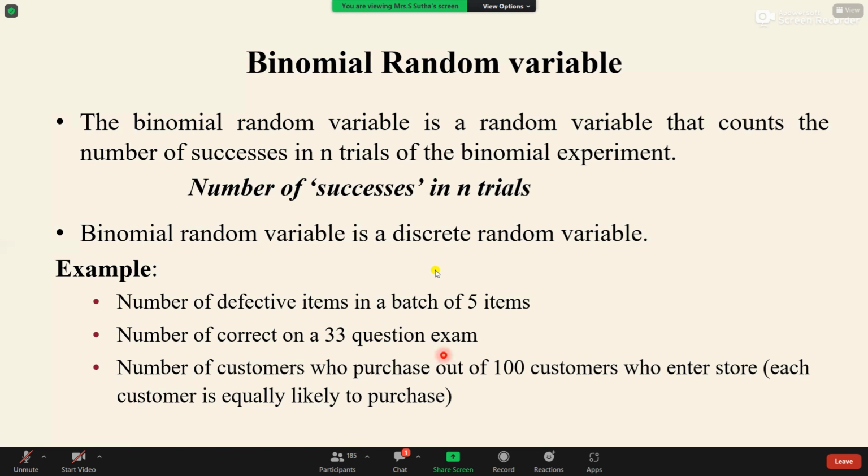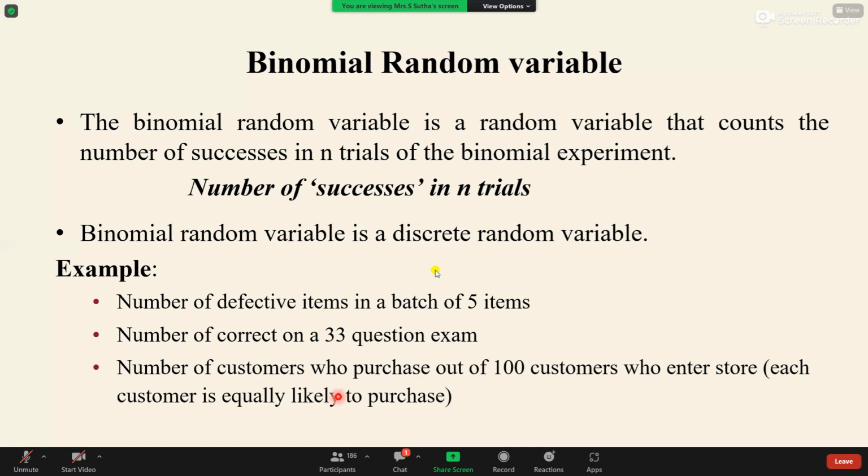In this manner, we are testing 33 questions. There may be 33 correct answers, or 32, or 31, or 0. So we are looking at the number of correct answers on a 33-question exam. This is an example of a binomial random variable.